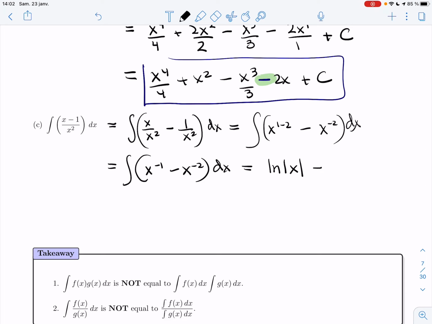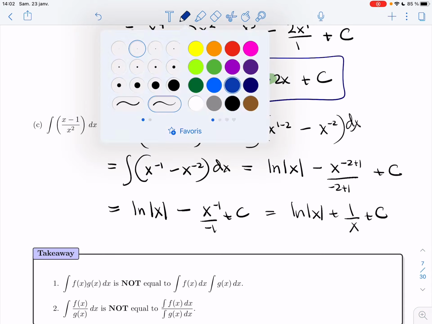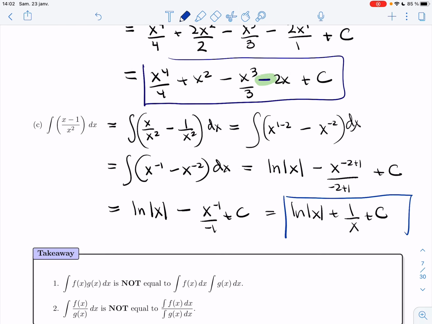And then minus x to the minus 2 plus 1 over minus 2 plus 1, that's ln of x minus x to the minus 1 over minus 1. And so I get ln of absolute value of x plus 1 over x plus c. That's the integral.